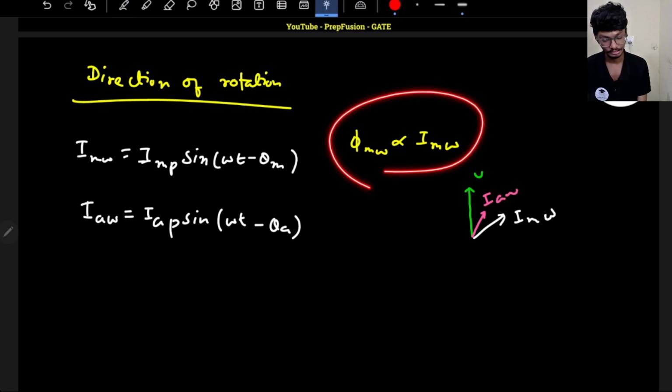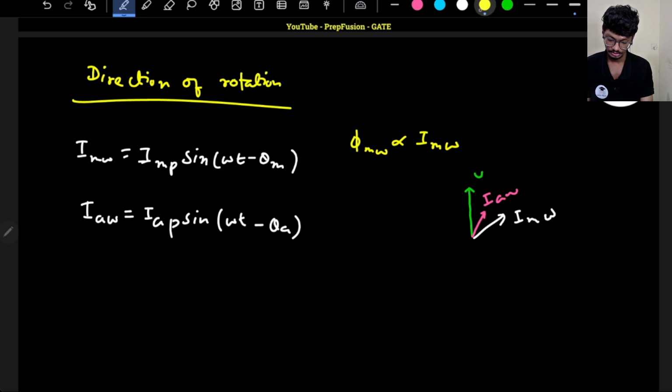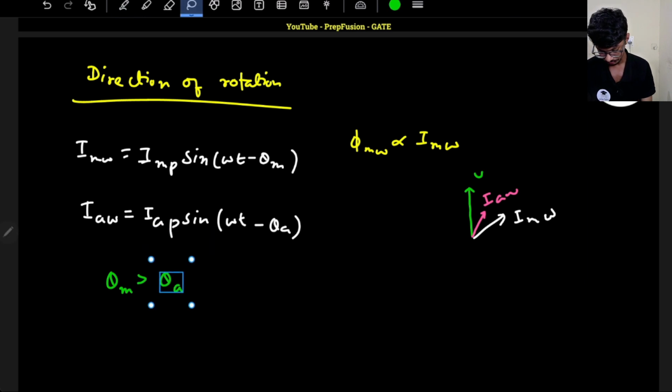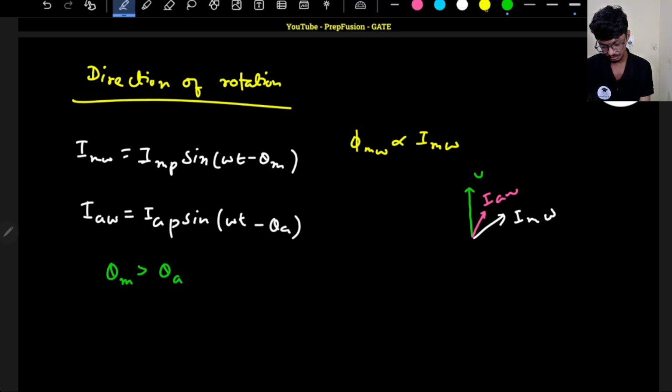My flux is proportional to current. So let us assume a case where theta_M is greater than theta_A.